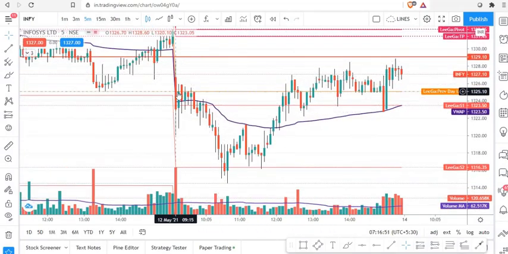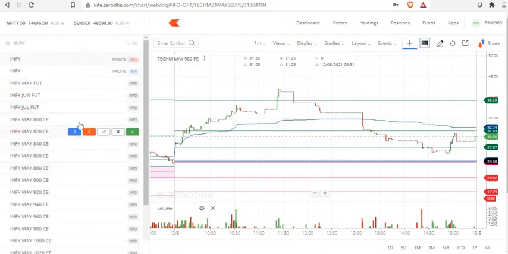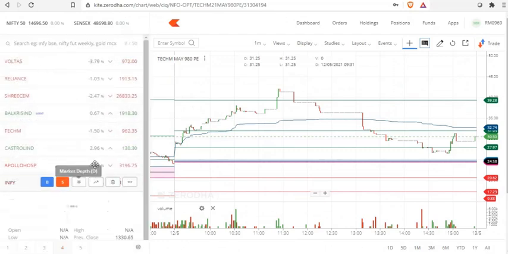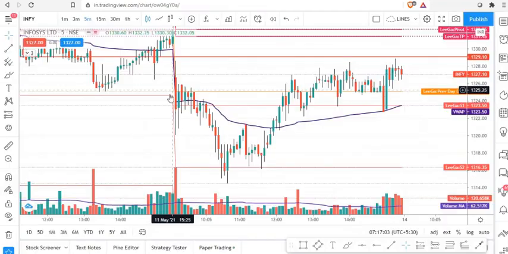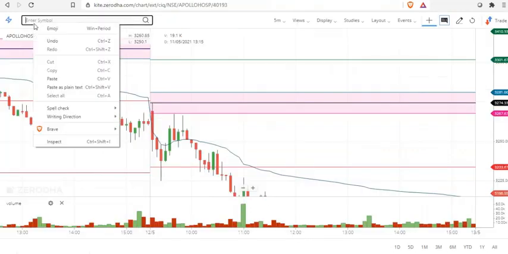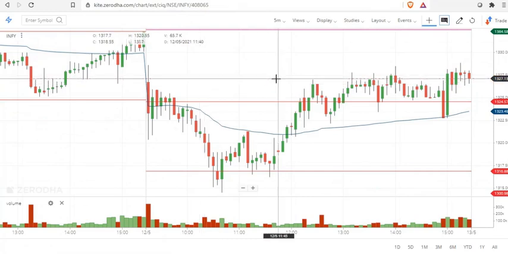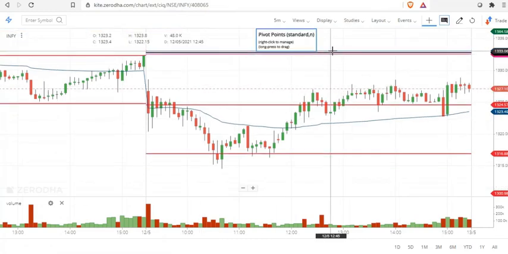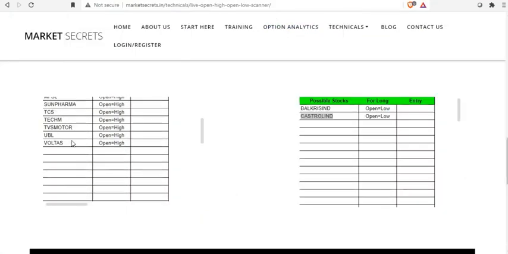In Infi it's wrong data. You can check with Infi. It's wrong data. Well, it's correct data. Open is high, yes. Here it's not correct. Open is high, so we can go for it. Otherwise, we can check with the NSE India site. Okay, here is wrong data.